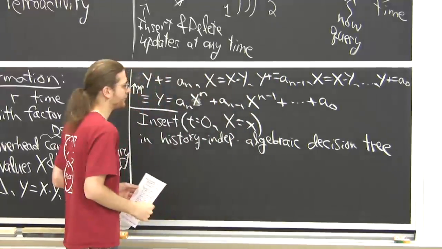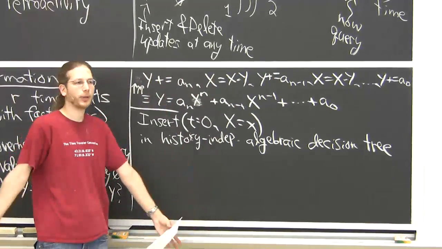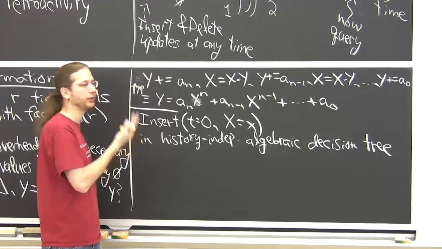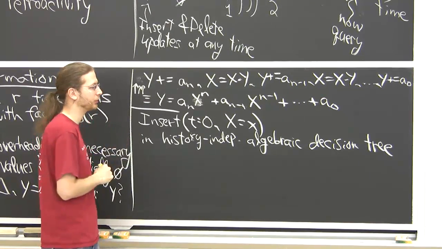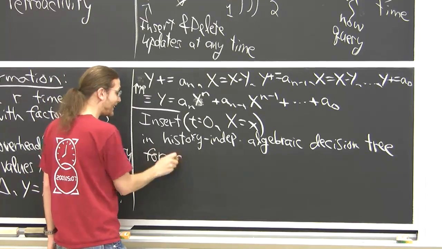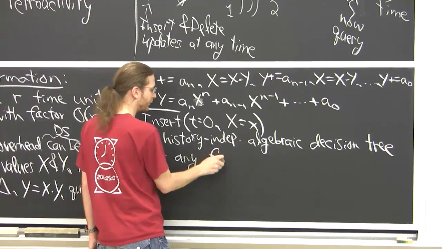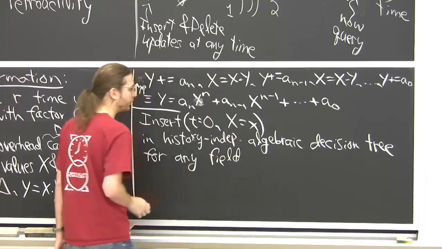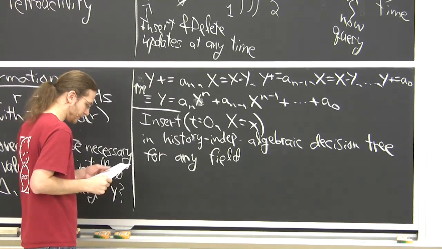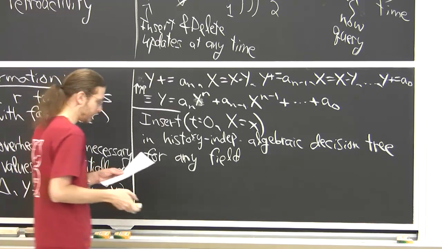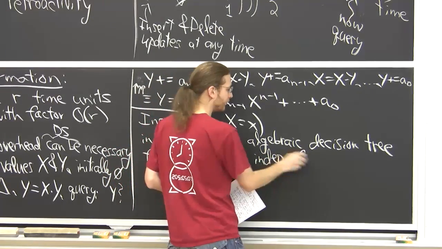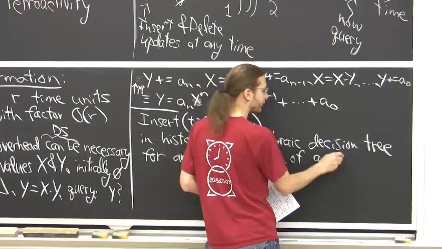Anyway, you draw a tree of all the possible things you could do, and the things you can do are additions, multiplications, subtractions, divisions, all field operations. So for any field, so this would work with reals, should work for integers modulo p. Any field, and the interesting part is independent of pre-processing of the coefficients.